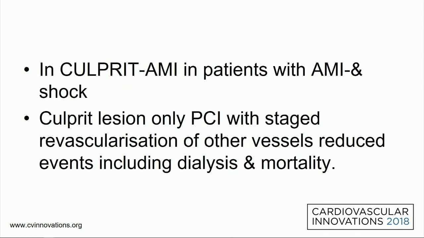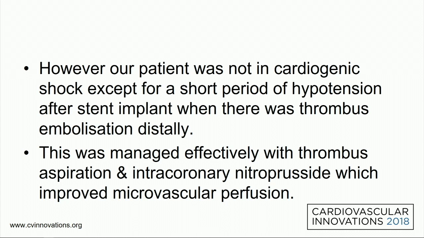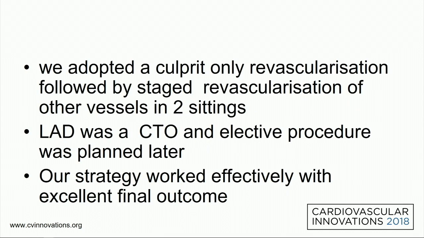The CULPRIT-SHOCK trial is the latest trial, which shows that the composite of death and renal failure actually increases when you do multivessel PCI. However, our patient was not in cardiogenic shock except for a short period of hypotension when there was thromboembolization distally. This was managed effectively, and he improved, and we adopted a culprit-only revascularization followed by staged revascularization of the other vessels, and he's doing quite well 6 months down the line.